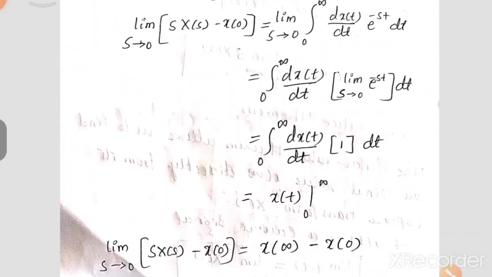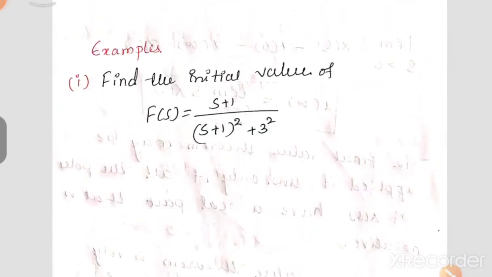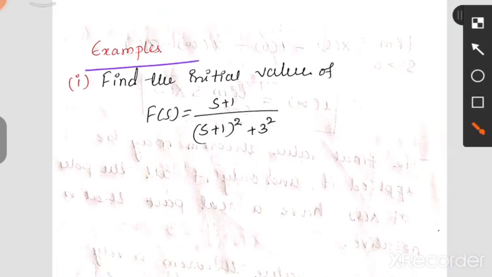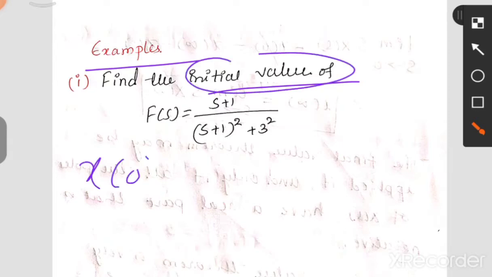We'll take this example. Find the initial value of f of s is equal to s plus 1 divided by s plus 1 whole square plus 3 square. Remember, to find the initial value, that is x of 0, or you can say here f is there, so it will be f of 0.